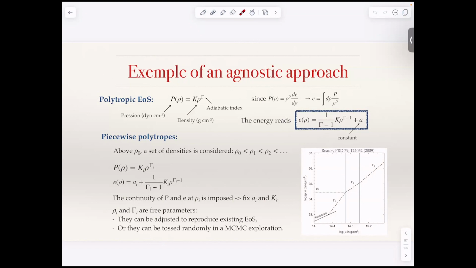So you have to balance the number of parameters versus the accuracy, and you have to fix this number of parameters so that the accuracy is acceptable. Most probably with time, as the experimental error bars get better and better, you will increase the number of points in this kind of agnostic approach.